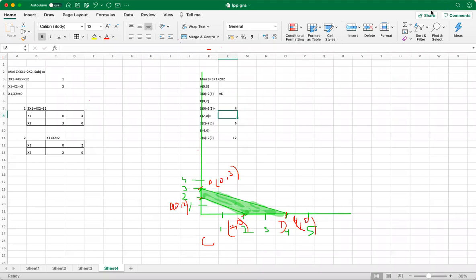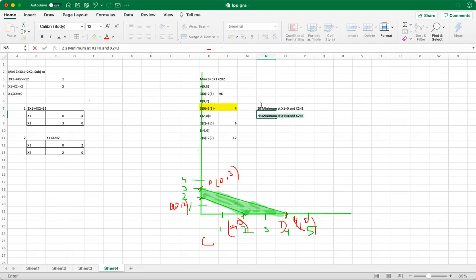Because the question asked for the lowest, minimize. Exactly. When it says minimize, we have to see which one is the minimum, right? So z is minimum, okay, at x1 equal to 0 and x2 equal to 2, right? And z equal to 4 is the minimum value. Right?